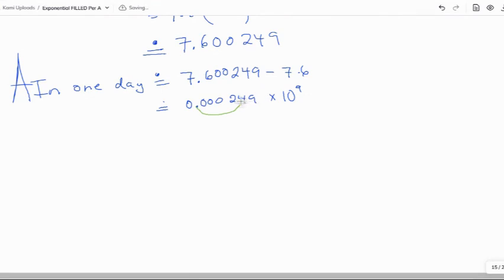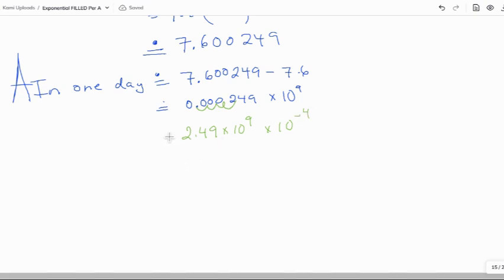So let's see how many spaces I'm moving it. 1, 2, 3, 4. Okay, so that means I've got 2.49 times 10 to the power of 9 times 10 to the power of negative 4, because I just moved it in the negative direction.